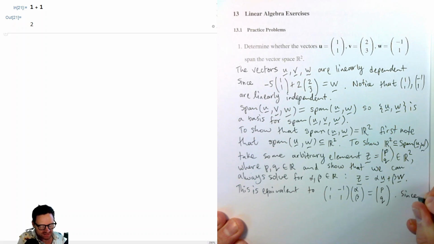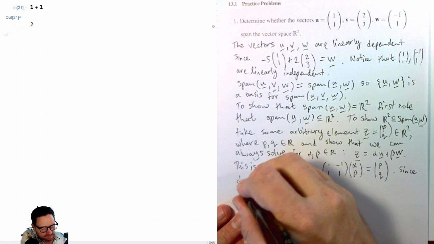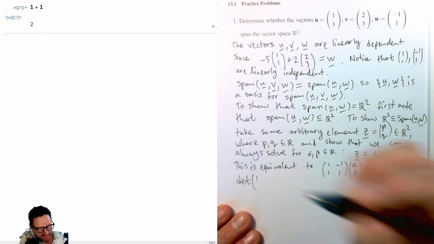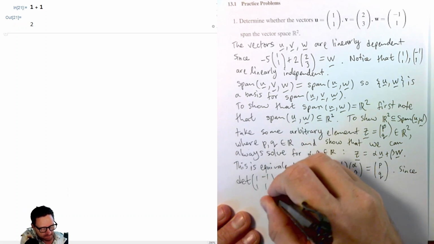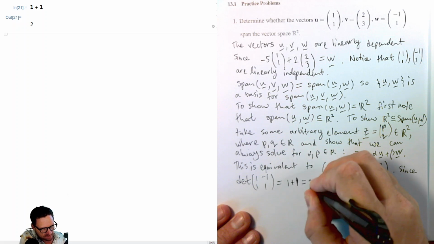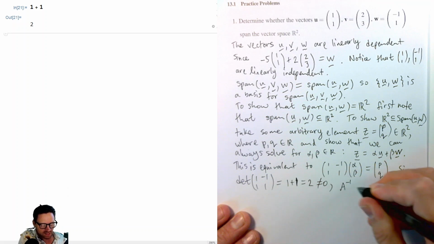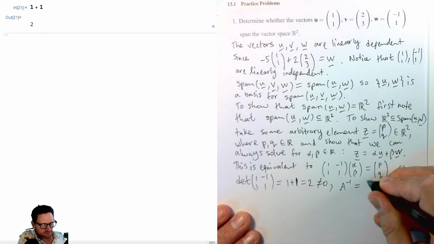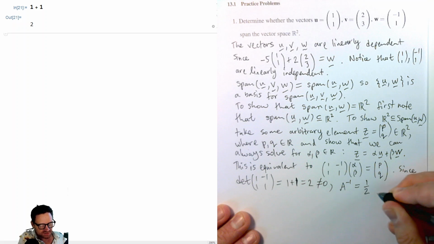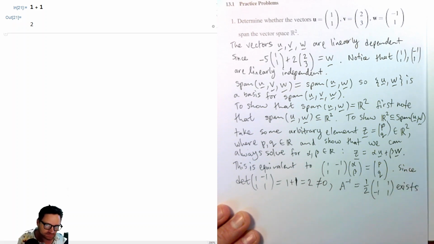So we'll say since the determinant of that matrix is equal to 1 plus 1 equals 2, which is non-zero, A inverse, which is 1 over 2 times the matrix 1, 1, minus 1, 1, exists, and here it is.